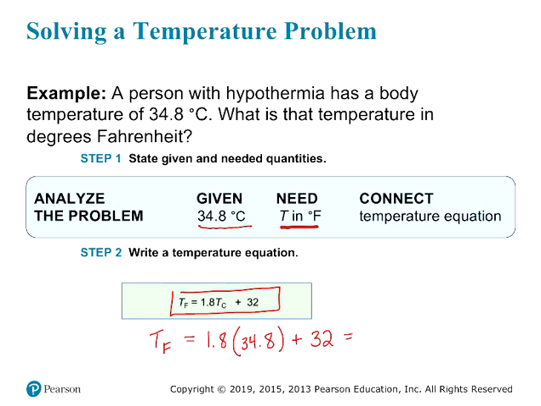So we've got 1.8 times 34.8, and I'm going to hit enter. Okay, so that's 62.64. And then we're going to add 32. When we add 32, we get 94.64. Okay, and that's degrees Fahrenheit.